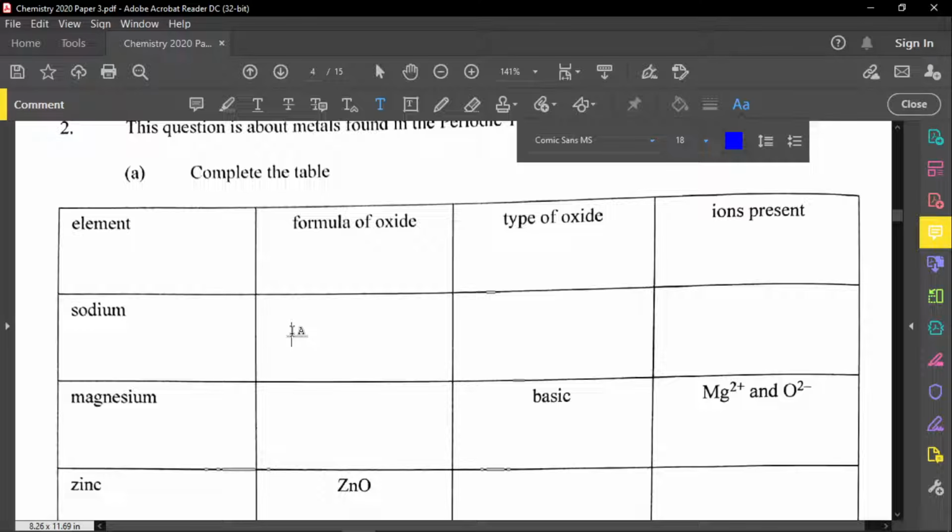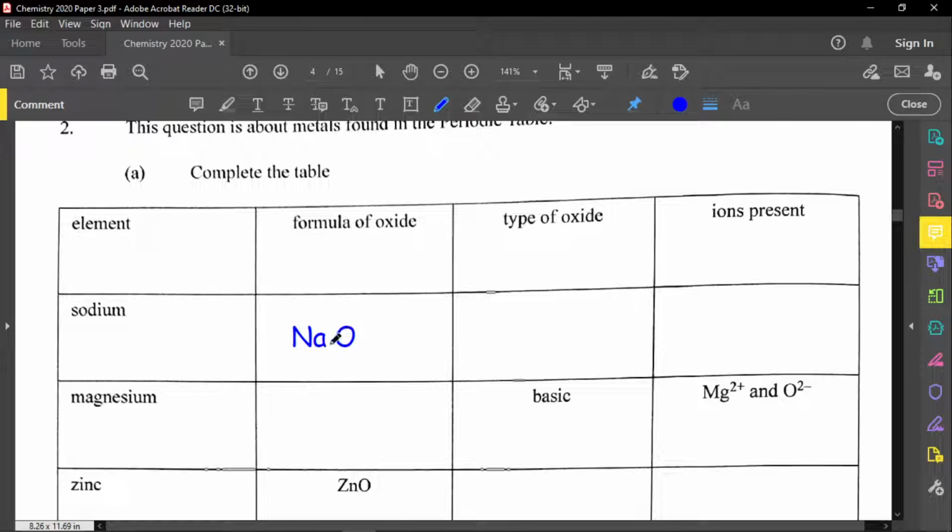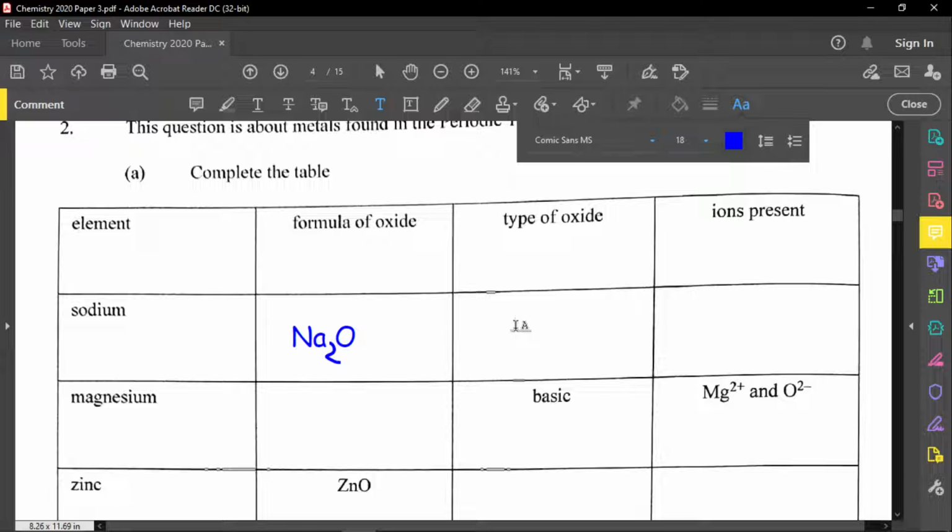Okay, great. The type of oxide right here is going to be basic. And the ions present in sodium oxide will be the sodium ion and the oxygen ion.